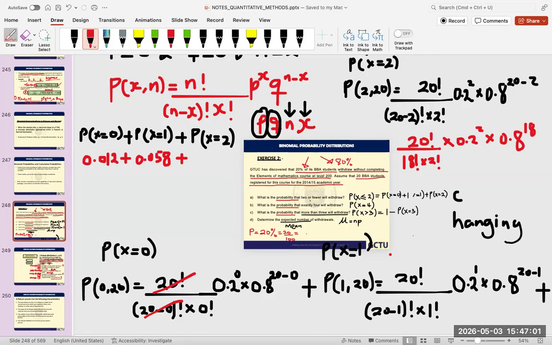So you can do this one as 20 factorial divided by 18 factorial times 2 factorial. Whatever you get, you multiply by 0.2 squared, and then you multiply your answer by 0.8 to the power 18. Let's see what you have.